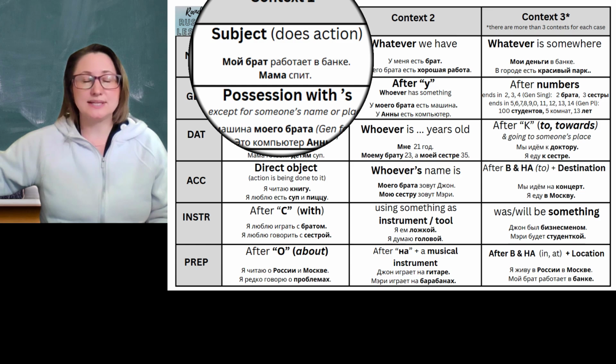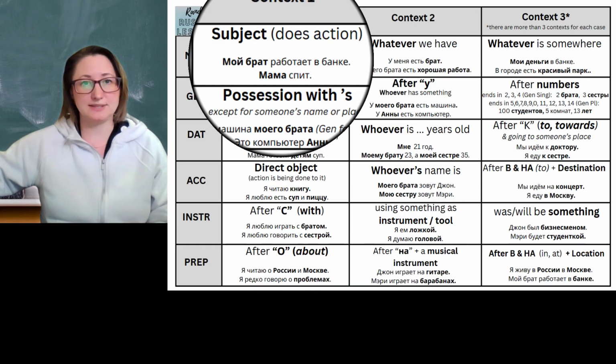And the subject of the sentence will be nominative. So here we have мой брат работает в банке, which means my brother works at a bank. Who works at a bank? My brother does, which means that my brother does the action of working at the bank, and my brother is the subject of a sentence.